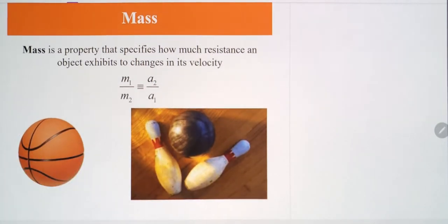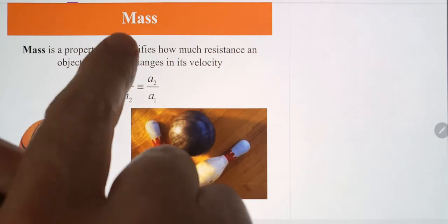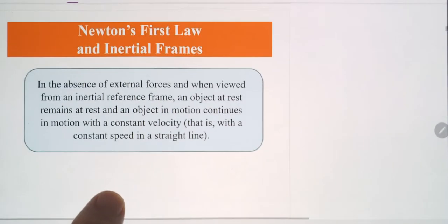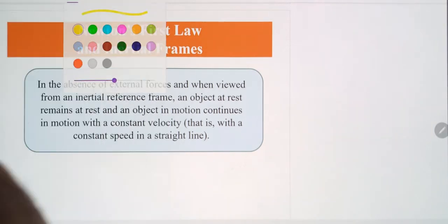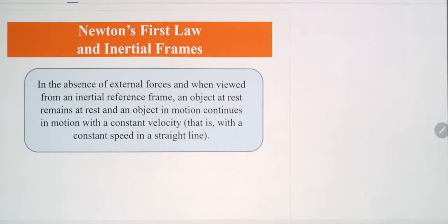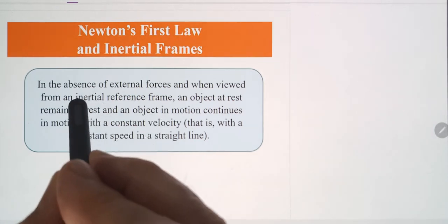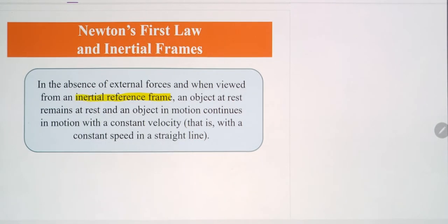Now we come to, Doctor, I didn't get what the law means. First of all, let me repeat. In order for the first law of Newton to work, you need an inertial frame of reference.